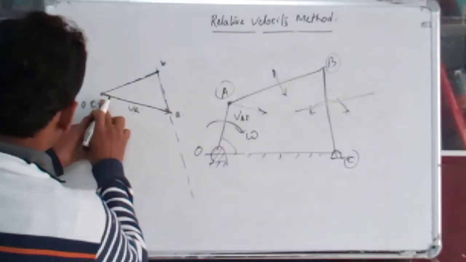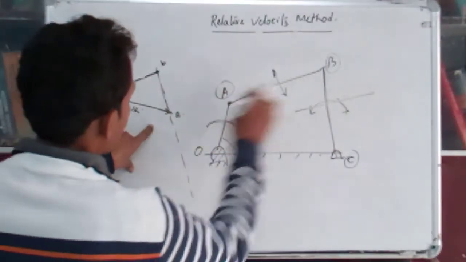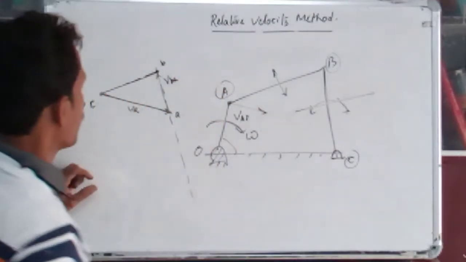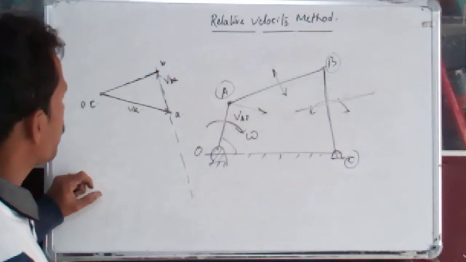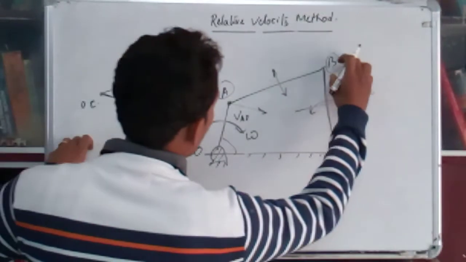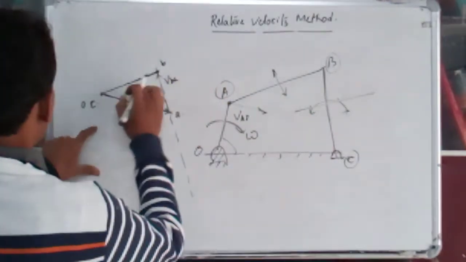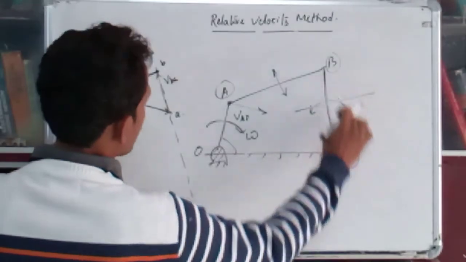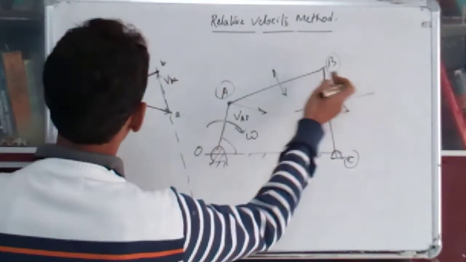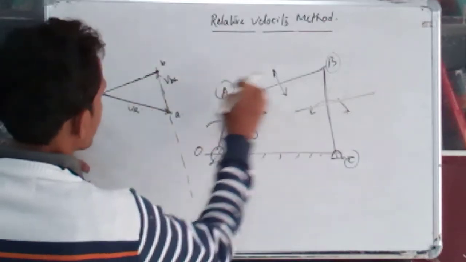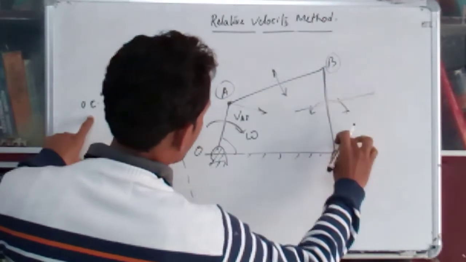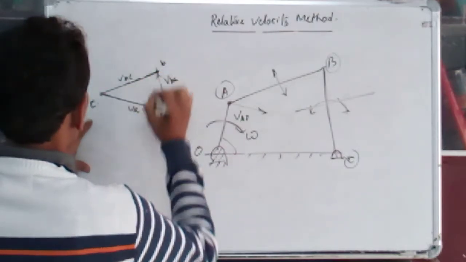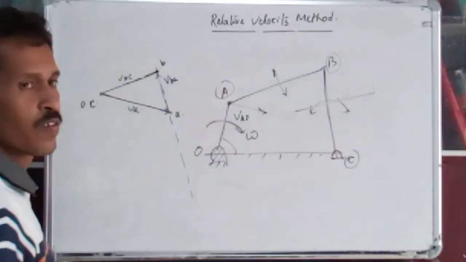Now this is VA. The velocity of B with respect to A, that is VBA, or simply VB. And the velocity of B with respect to C, that is VBC.